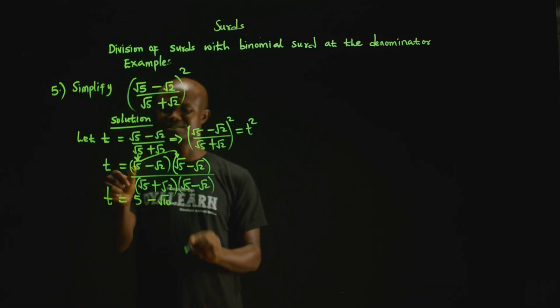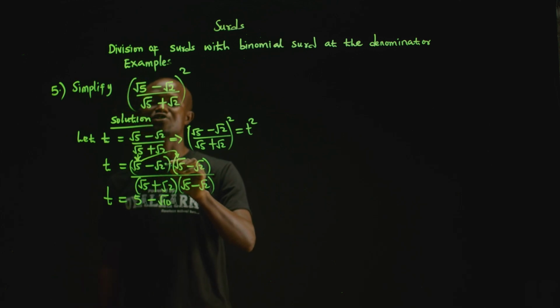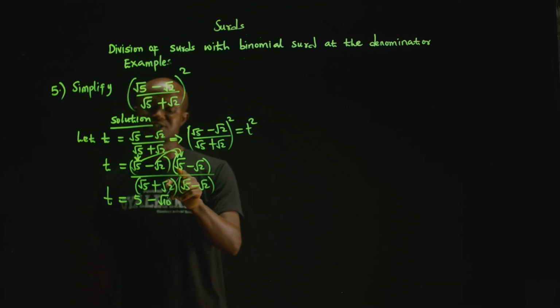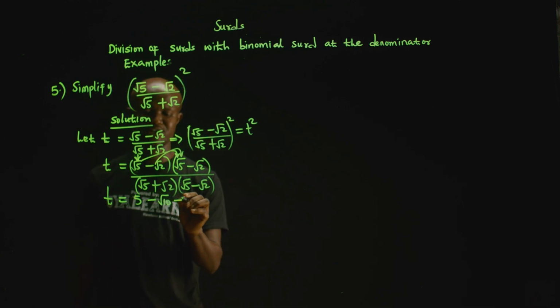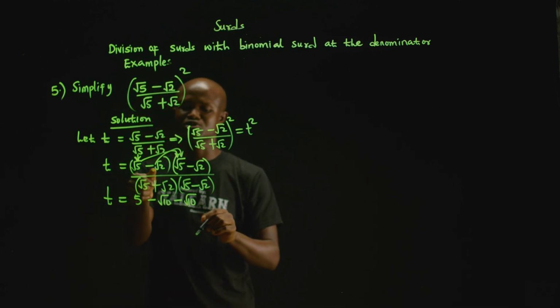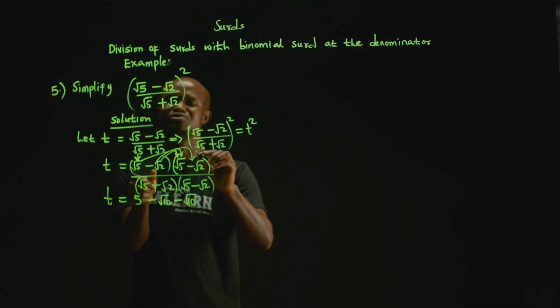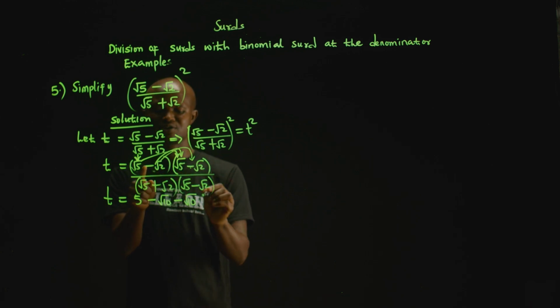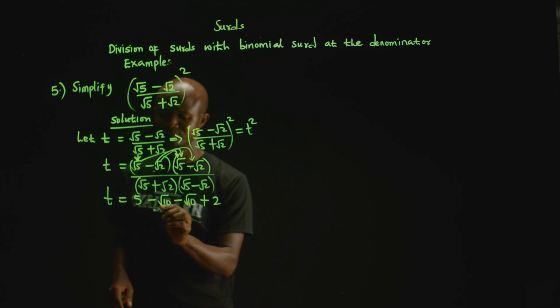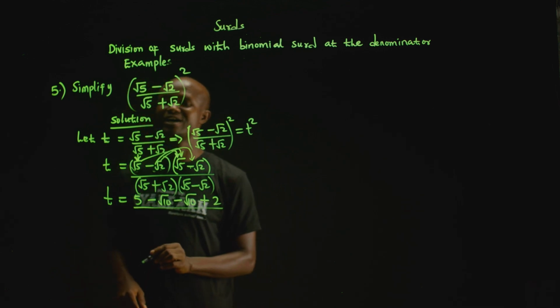Then the next thing to use is −√2, multiplying √5. We have −√10 also. Then −√2 multiplying −√2: minus times minus is plus, so √2 times √2 will give us 2.